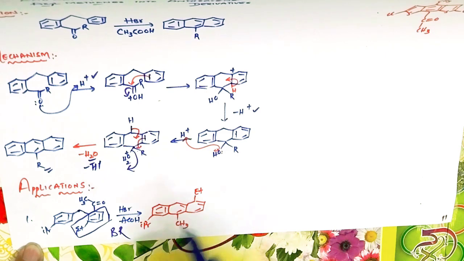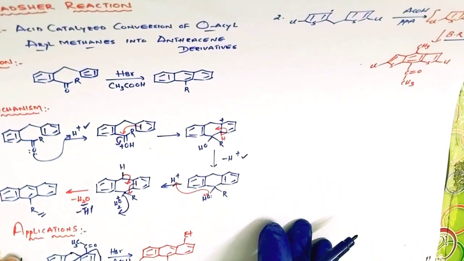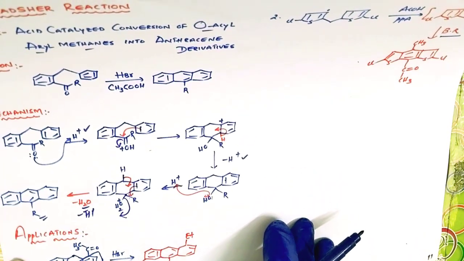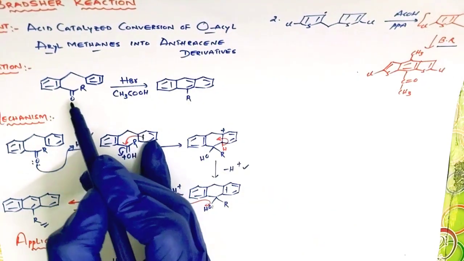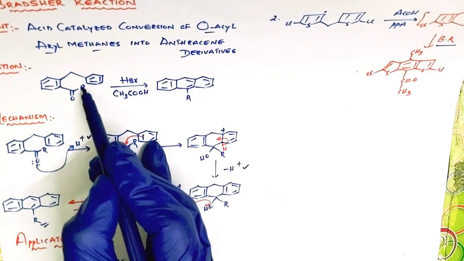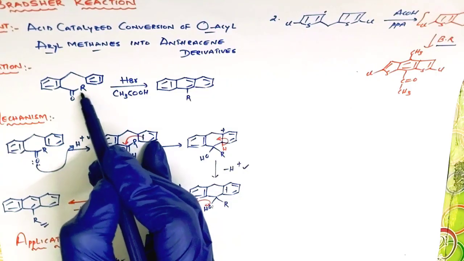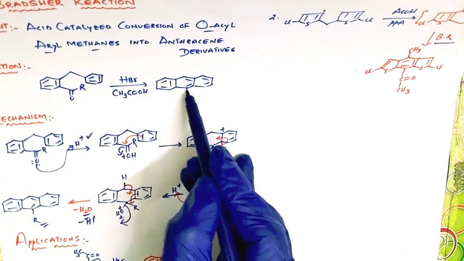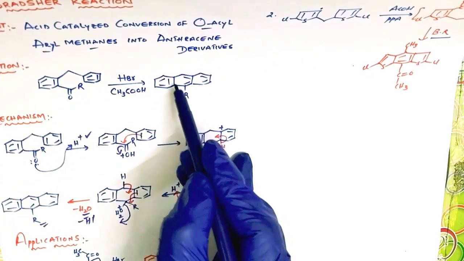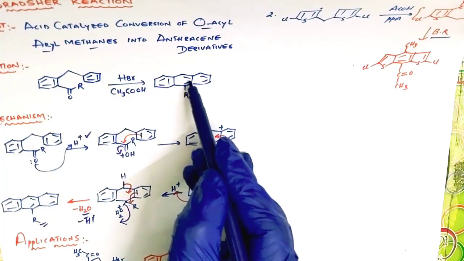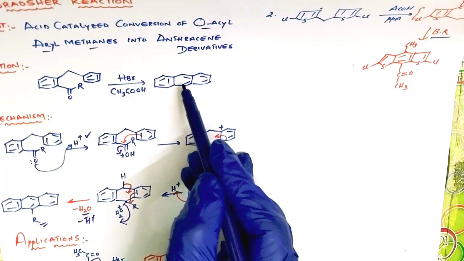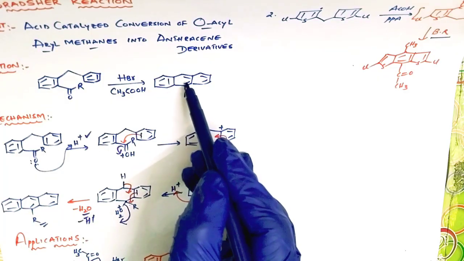So it can produce this kind of compound. So while writing the final product, you need to have in your mind that whatever the R group which is the part of the acyl one, that should be the substituent at the center carbon, center circle or center cycle we can say. Okay, center ring we can say.